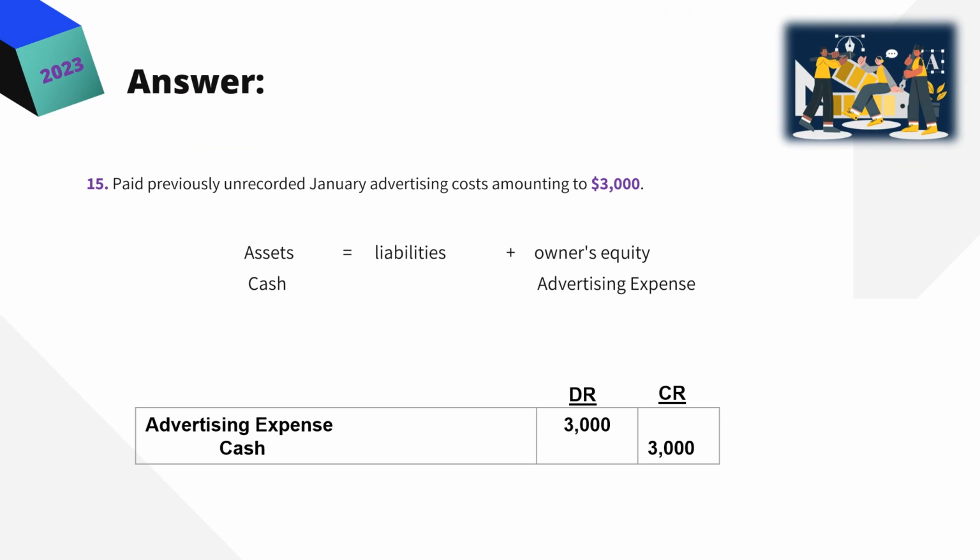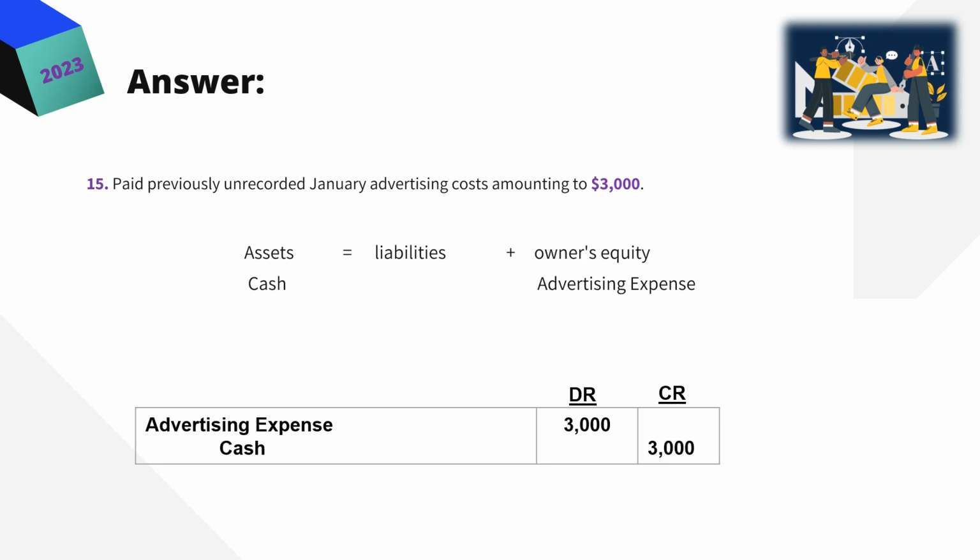The next transaction is for the payment of previously unrecorded January advertising costs for $3,000. Okay, apparently in this business we do some advertising and we pay for that advertising. In this particular case, we're cutting a check and paying $3,000 of cash for the cost of advertising. It has not been previously recorded.